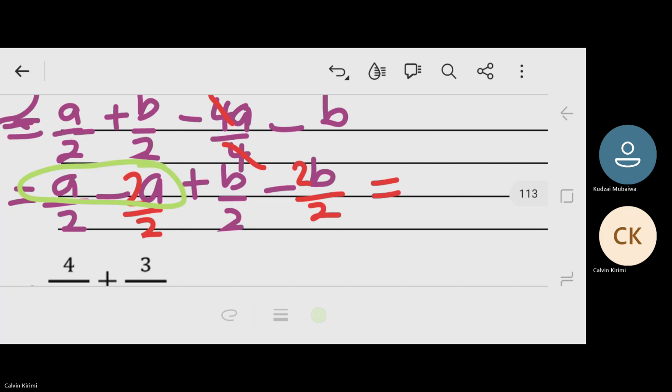I was asking you, what is A minus 2A? It's negative A. Yes, it's negative A.